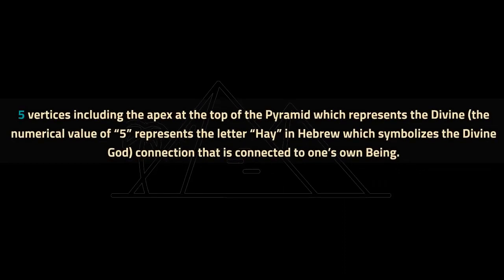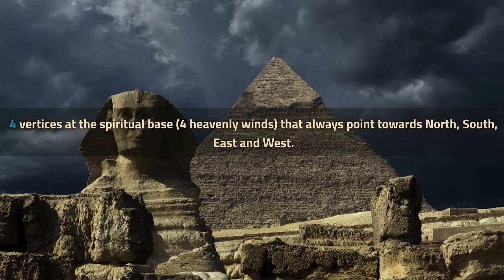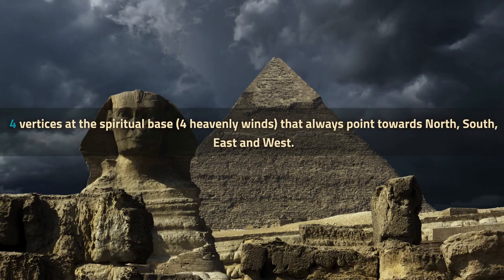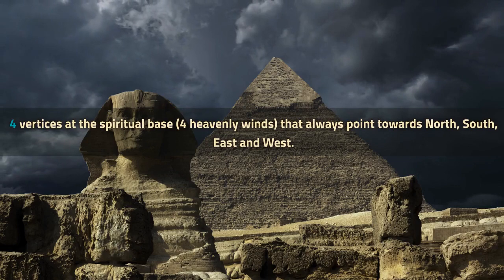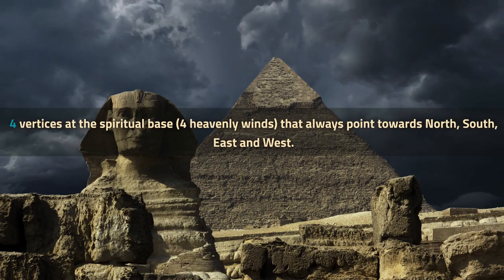5 vertices, including the apex at the top of the pyramid, which represents the divine connection that is connected to one's own being. The numerical value of 5 represents the letter He in Hebrew, which symbolizes the divine God. 4 vertices at the spiritual base, 4 heavenly winds, that always point towards north, south, east and west.